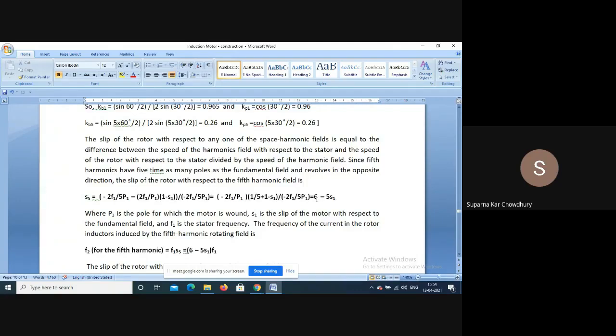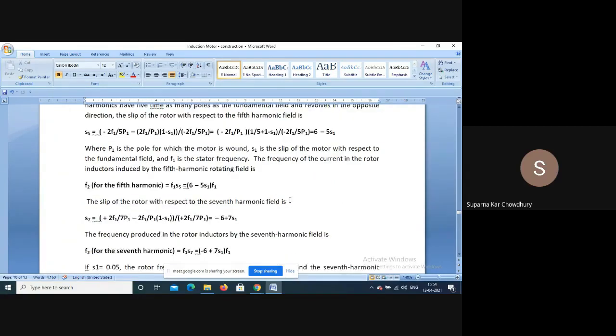So from here we will get S5 equal to 6 minus 5 S1. Now F2 for the fifth harmonic will be F1 S5, so (6 minus 5 S1) F1.